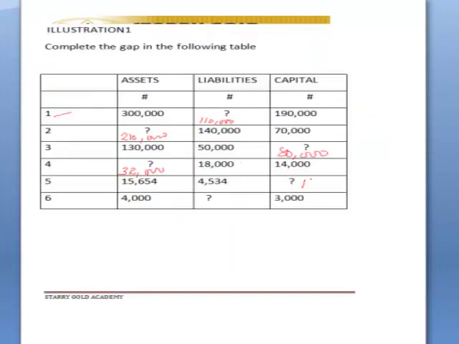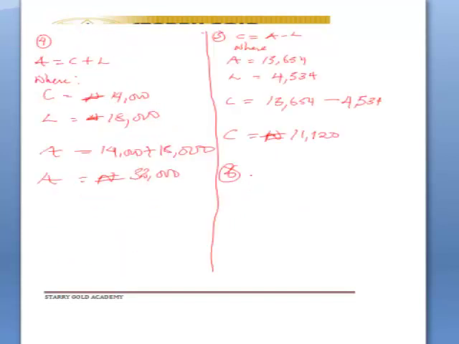So then question 6. Question 6, we will be looking for liability, where A is 4,000 and the capital is 3,000. So liability here is just 1,000. But let's go and work it out. Liability equals asset minus capital, where asset equals 4,000 and capital equals 3,000.